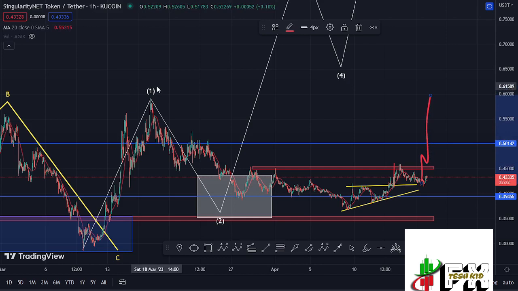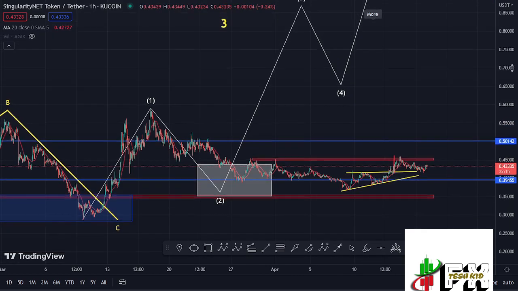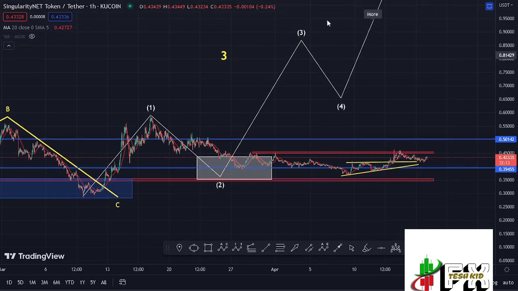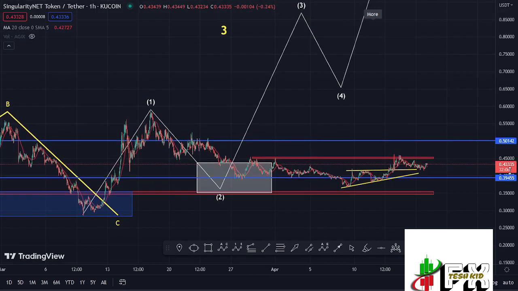Then that will be enough confirmation of the impulsiveness in the formation of that wave 3 and the high chances of fully maximizing our minimum target areas in the formation of this wave 3. So that is what I'm expecting here on the short-term scenarios.